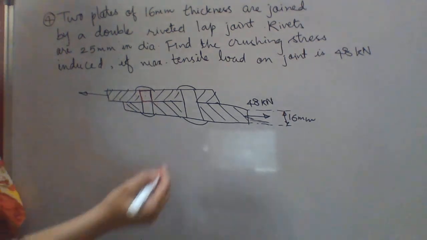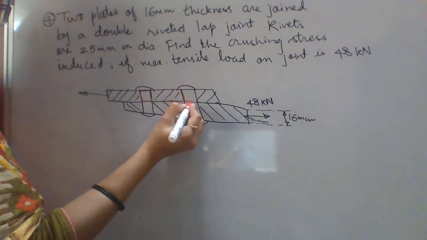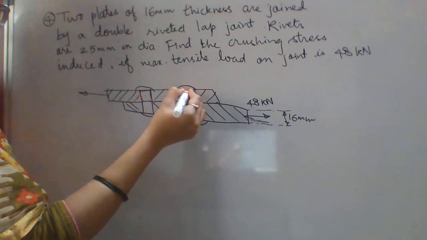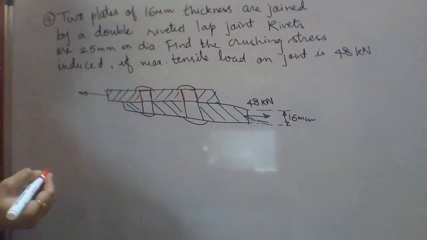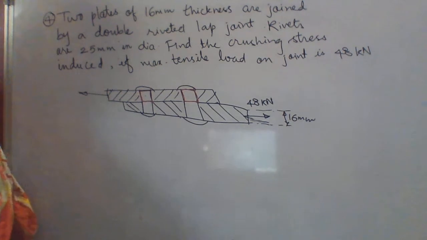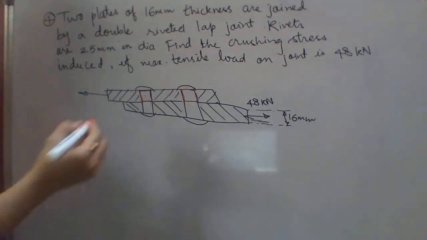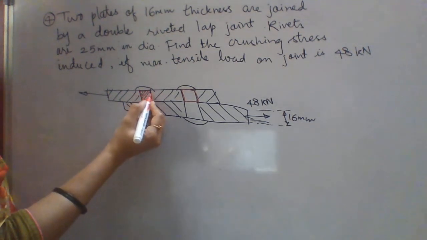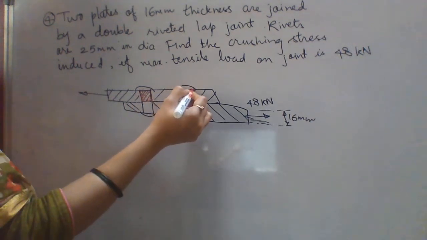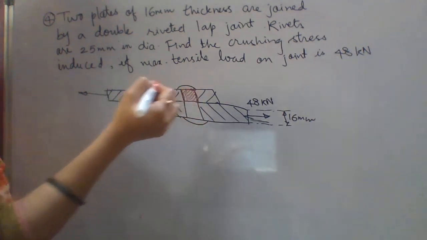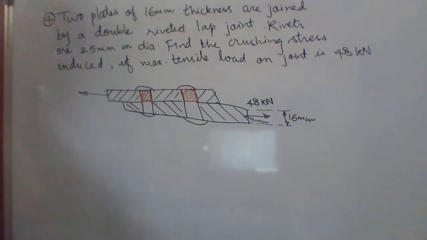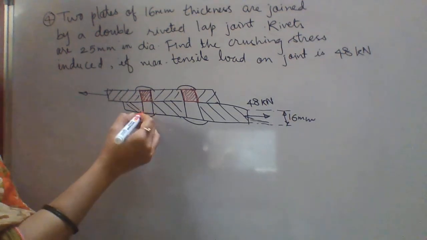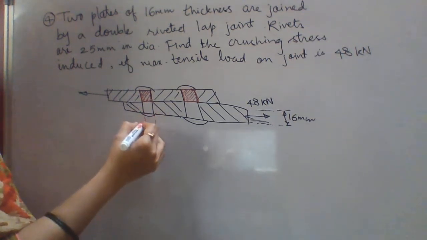But here there are two rivets. So for the same plate, we will do the analysis for the same plate, the area is this. So this is the projected area. If you see the front view, actually this area in contact is a cylinder, but when we draw the projected view of a cylinder, it is nothing but a rectangle. Now the dimension of this rectangle will be the diameter.